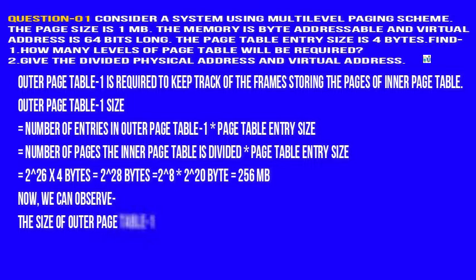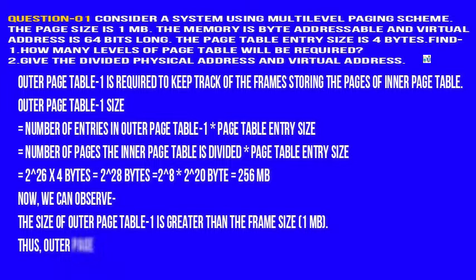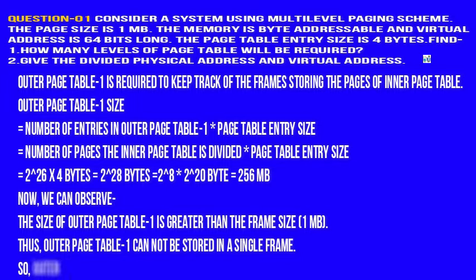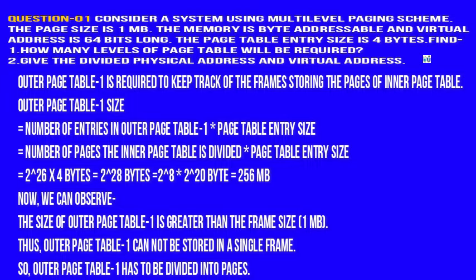Now we can observe the size of outer page table 1 is greater than the frame size of 1 megabyte. Thus, outer page table 1 cannot be stored in a single frame. So, outer page table 1 has to be divided into pages. The number of pages the outer page table 1 is divided into equals the outer page table 1 size divided by the page size.